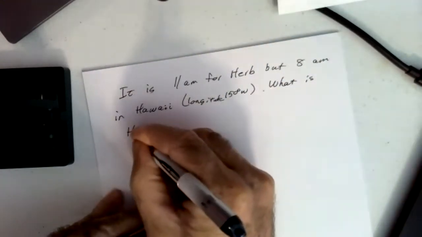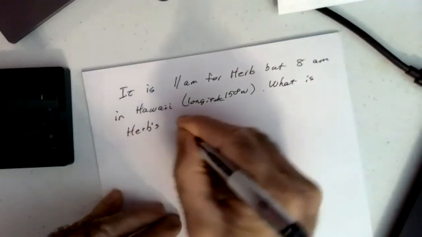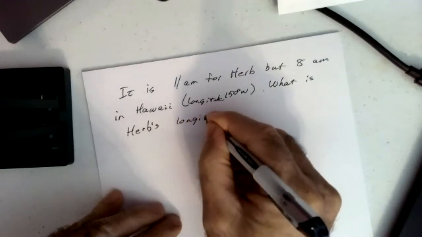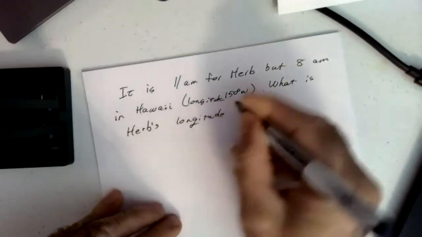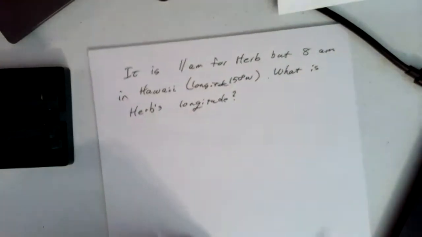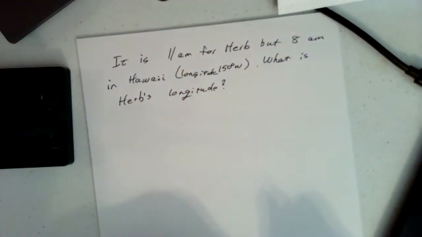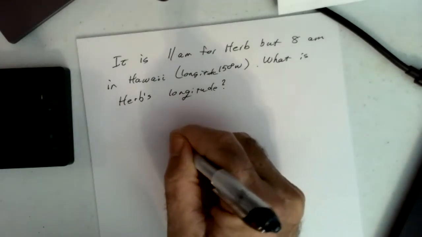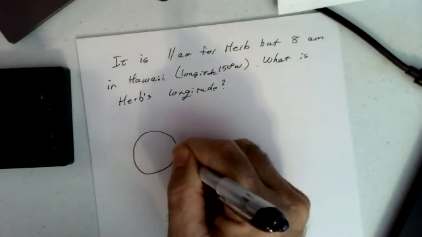What is Herb's longitude? All right, so we're going to do exactly the same thing. We just got to be careful here about making sure that our drawing is accurate.